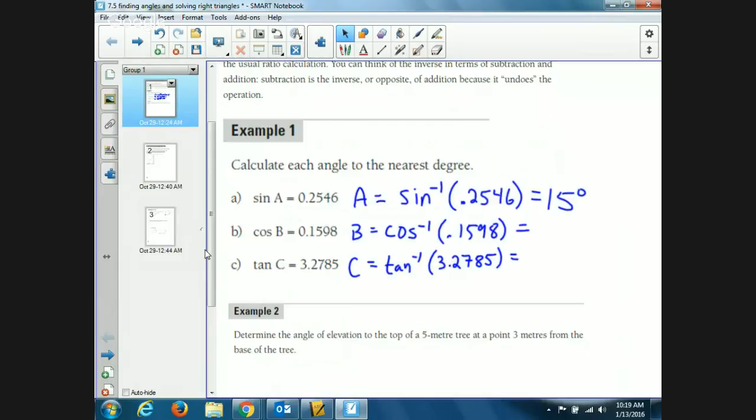So what does that round up to or down to? 80.8. The degrees, no decimals. 81. 80.8. Bump it up a notch. 81. Yep.